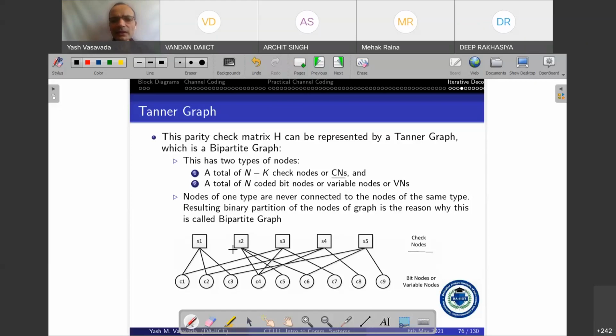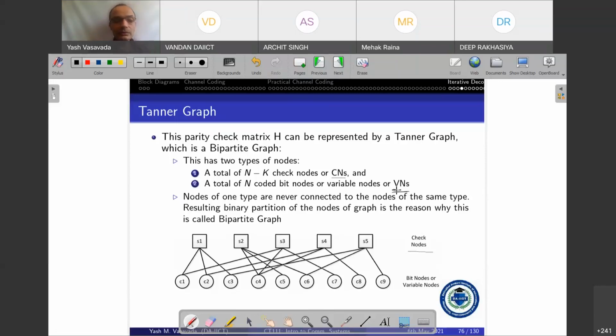If all of these parity checks are satisfied, then we will not vary any of these bit values, and we will declare that we have received the correct code word. But when some of the parity checks are not satisfied, then we will keep on changing the values of these nodes. And that is why these bit nodes are also sometimes known as variable nodes or VNs. Okay, so these are some notations.